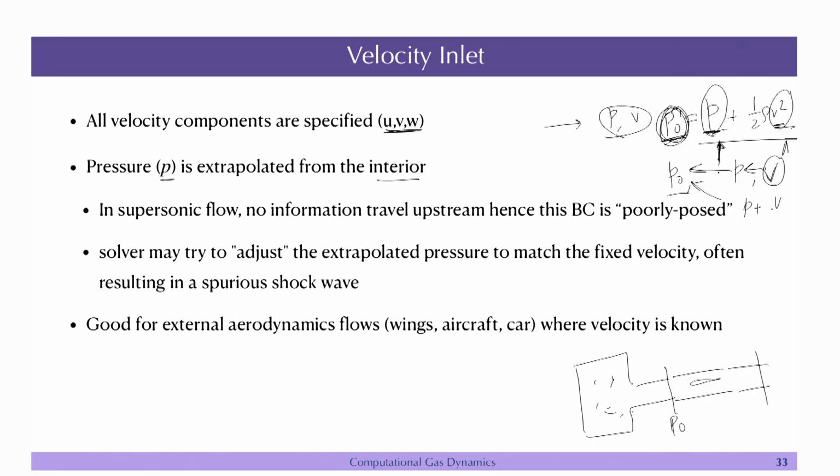So, fixing P naught and P, or fixing P naught and V is fine, but fixing P and V is basically saying that there is no scope for the code to float these values, I mean to change these values, and that can lead to the code diverging. Okay.